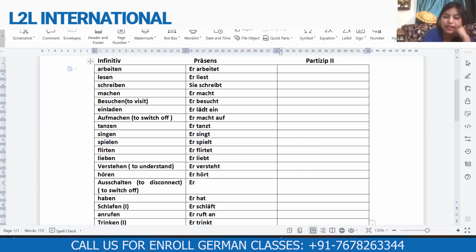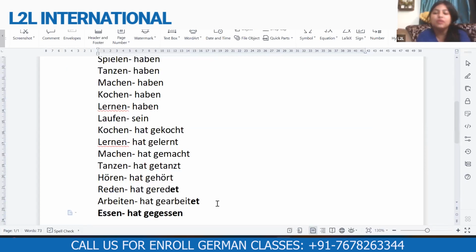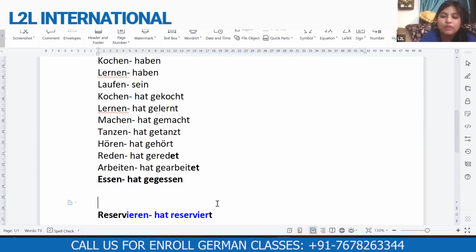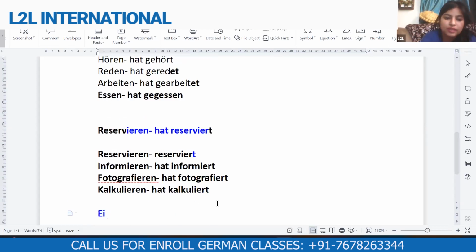One more thing that I need to tell you. Whenever you're going to do the participle form of the separable verbs, for example, einladen, anrufen, we don't do it like this: ge-einladen. Whenever we make the participle of separable verbs, the GE is always added in between.